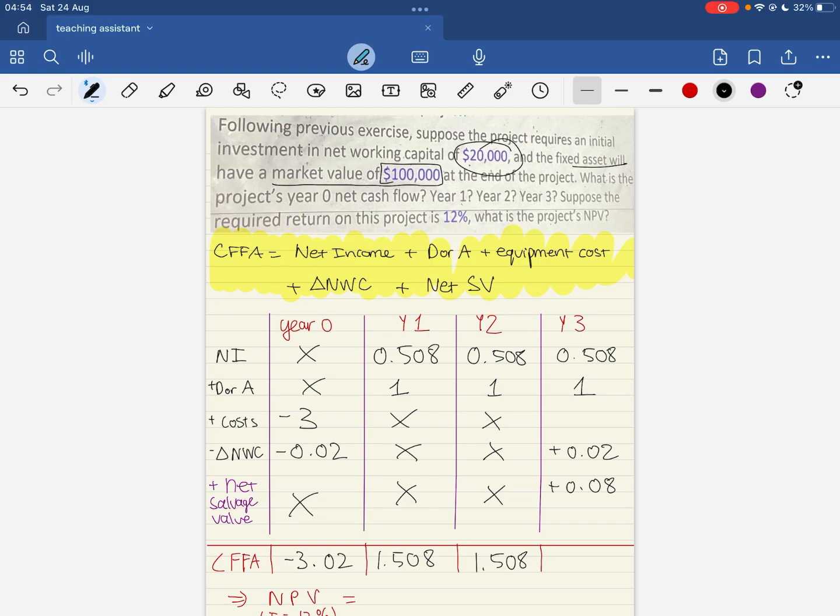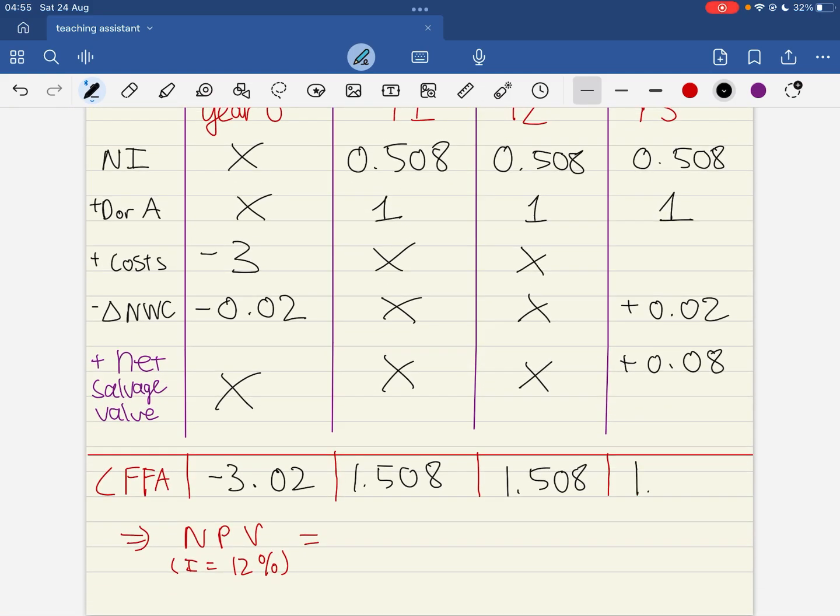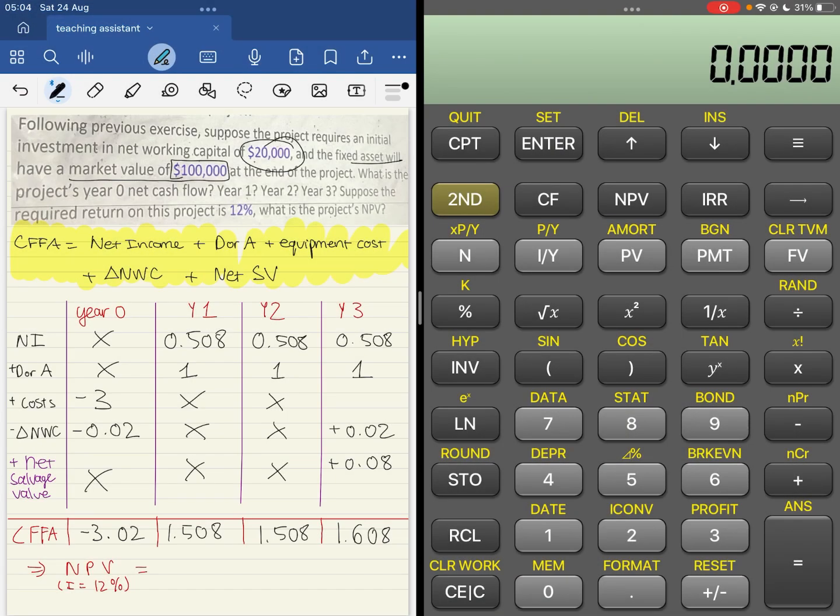Then I also know that the book value is 0 at the end, because of the straight line depreciation method. Next, we also know that the tax rate is 20%. Please refer to the previous question. Therefore, I can compute it, and it is equal to $0.08 million. So adding up everything gives me the final answer of 1.608. This is the cash flow from asset in year number 3.